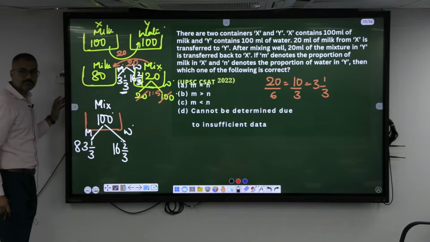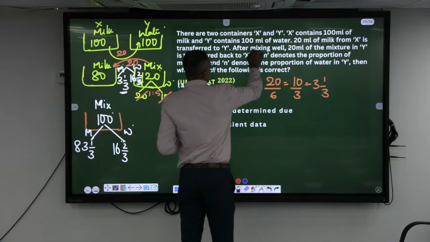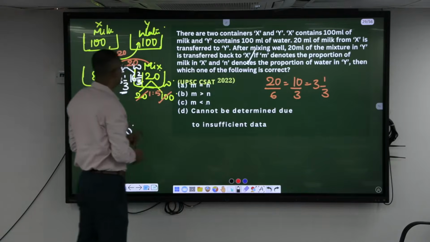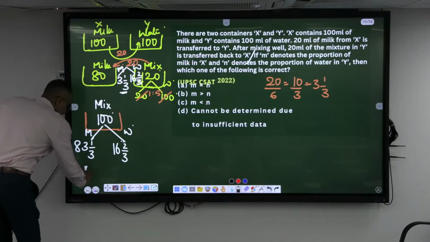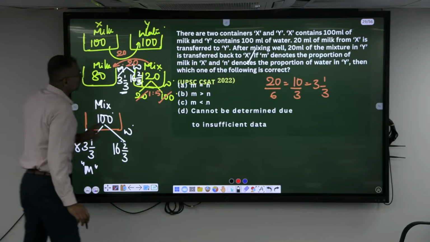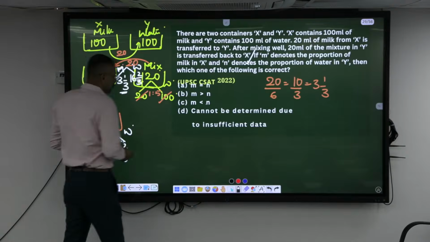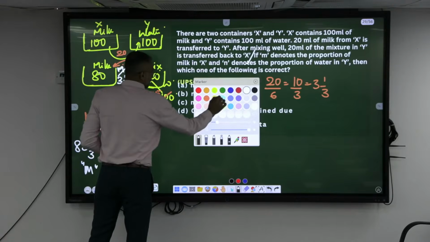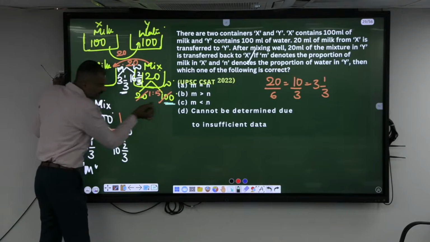Agree? Agree, sir? Now what he says: if M denotes the proportion of milk in X, this is nothing but how much? M. And N denotes the proportion of water in Y. How much water is present here?